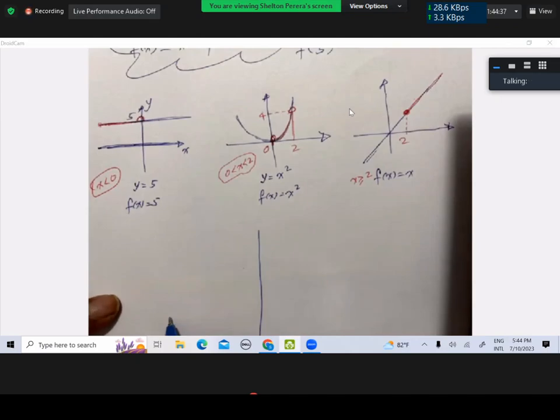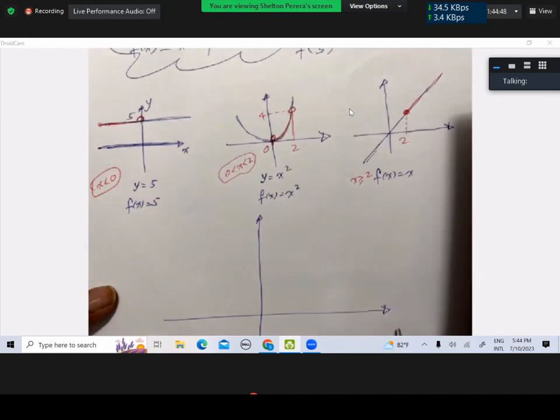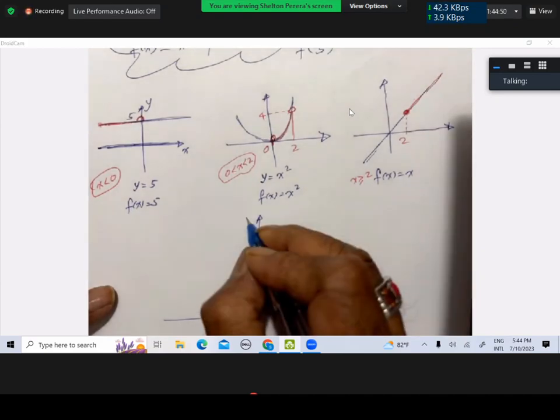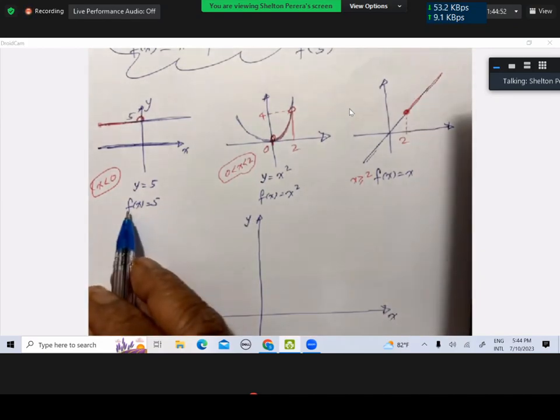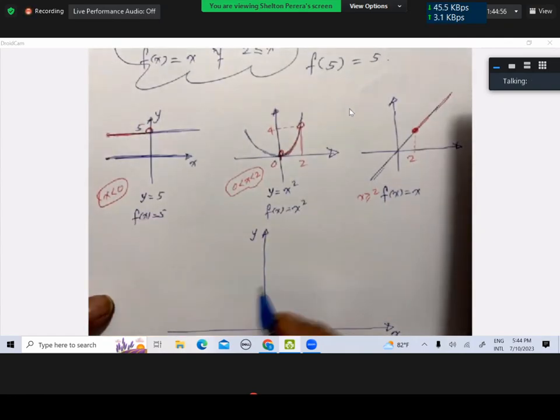Required graph is f of x equal to 5. That is this red piece. Let us say 5 is here. 1, 2, 3, 4, 5.